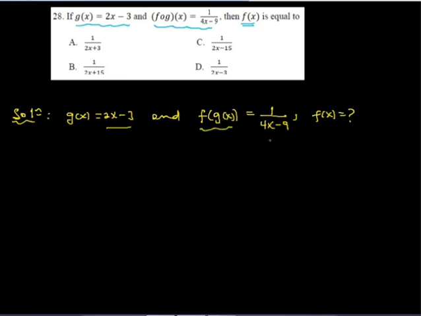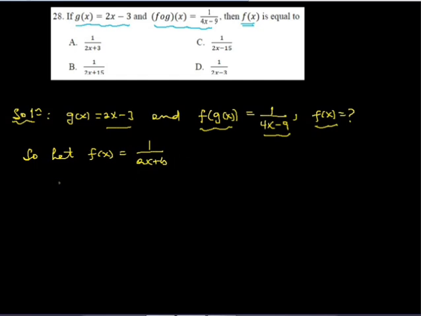Here we should notice that g is linear and the composition of f with g is 1 over linear, therefore the unknown function f should be 1 over linear. Unless we assume this, we cannot find f. So assume our function is 1 over ax plus b.